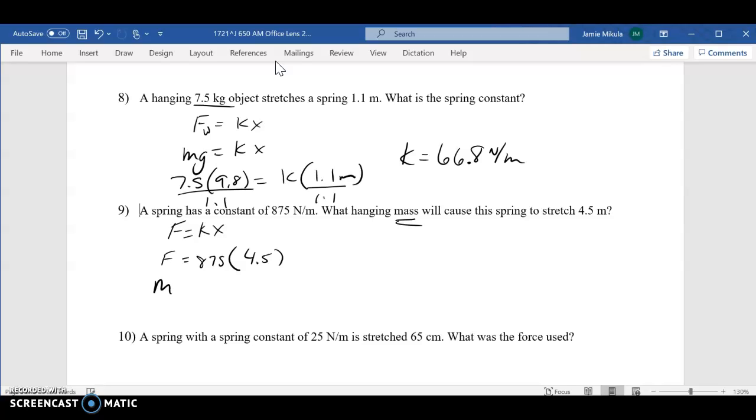So I could replace that with mass times gravity equals 875 times 4.5. So I'm going to multiply 875 times 4.5 to get 3,937.5, and then I'm going to divide that by 9.8 to get the mass. So mass would equal 401.78, so I'm going to round that to 402. And mass is kilograms.